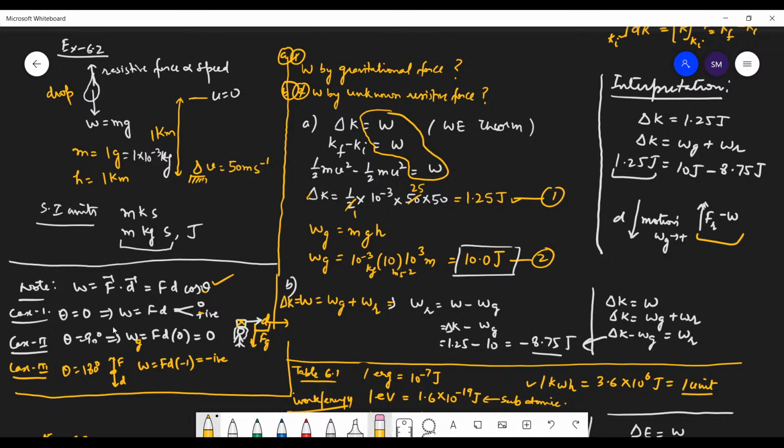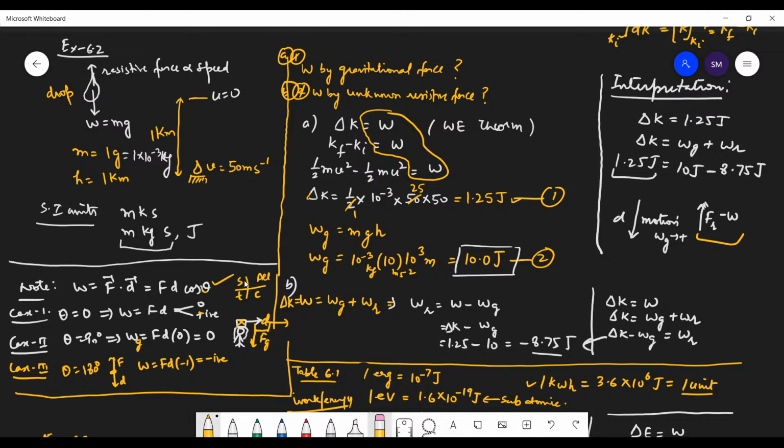And if theta is from 0 to 90, then F·d will be positive, because you know the quadrants. In the first quadrant all trigonometric values are positive, remembered as "add sugar to coffee" or "after school to college".